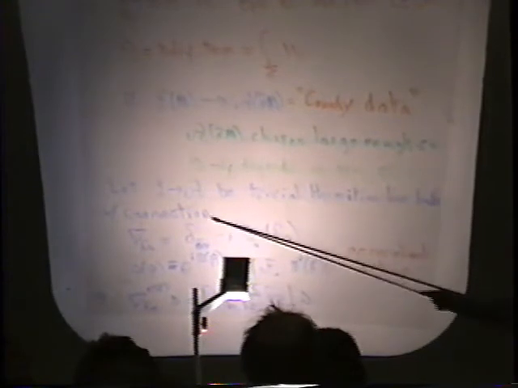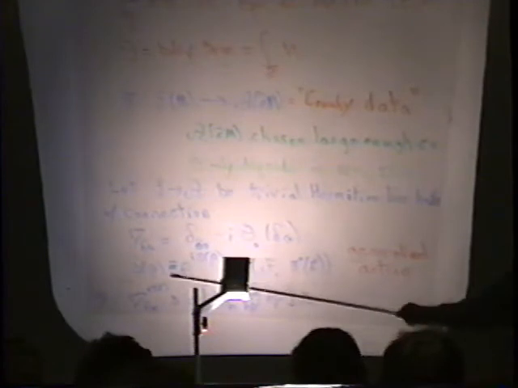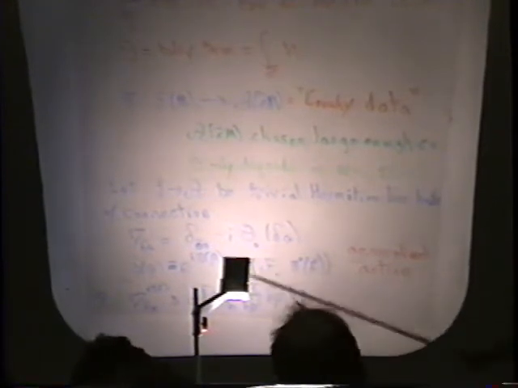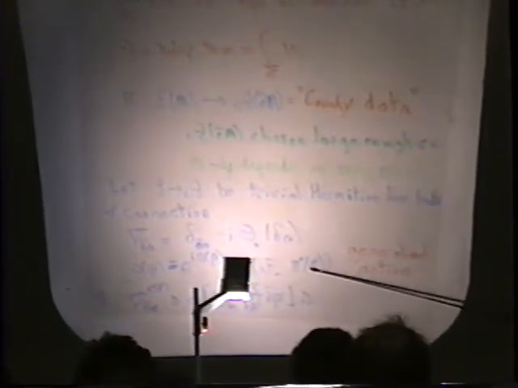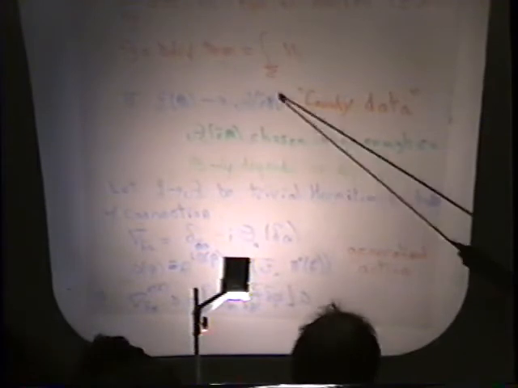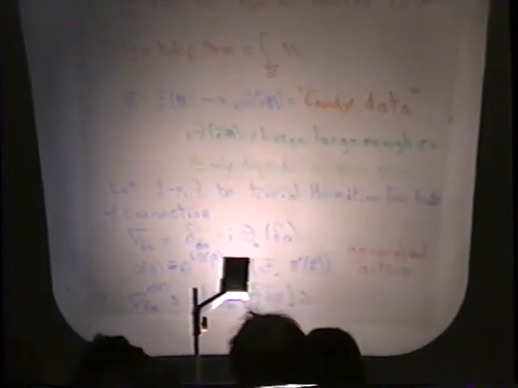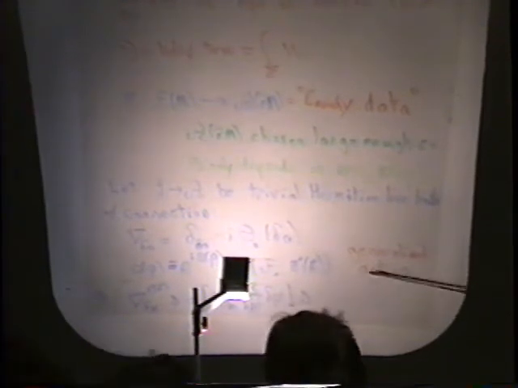This is the trivial connection on the trivial bundle. And then I will introduce what I'm going to call the generalized action, which is just e to the i times the ordinary action. And I'm going to view this as a section of the pullback of the line bundle over here to F. Of course, the line bundle right now is trivial, so it doesn't mean anything to do that. It's just a complex valued function. But in the sequel, this will be non-trivial.